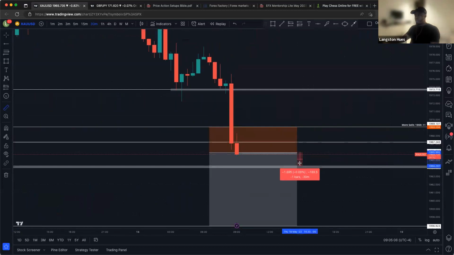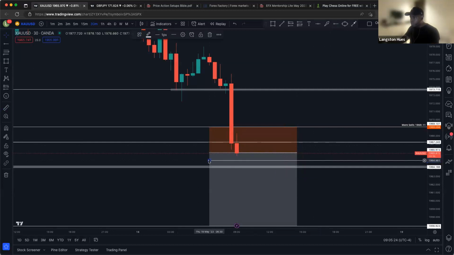This bottom here is 17 pips at 10 pips. I want to go to a risk-free trade. At 10 pips, go risk-free.